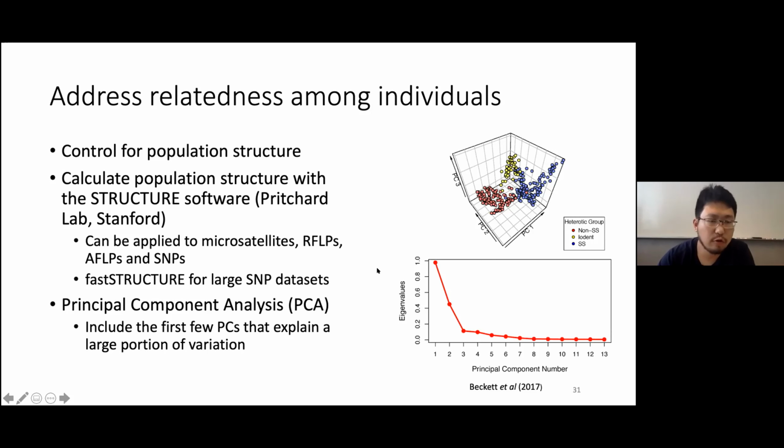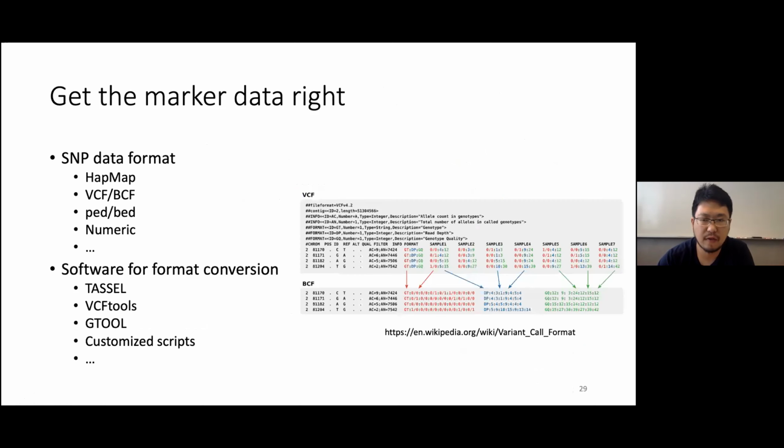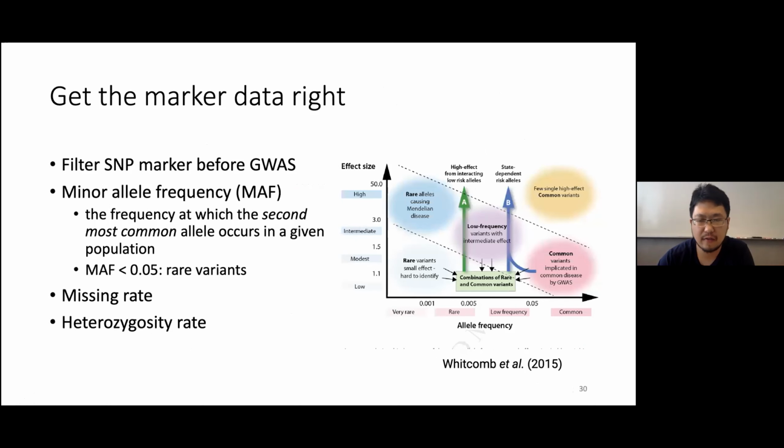So usually in the GWAS model, the model won't care if it's heterozygous or homozygous, like if it's AA or AG or GG. In the model, it's usually numeralized.